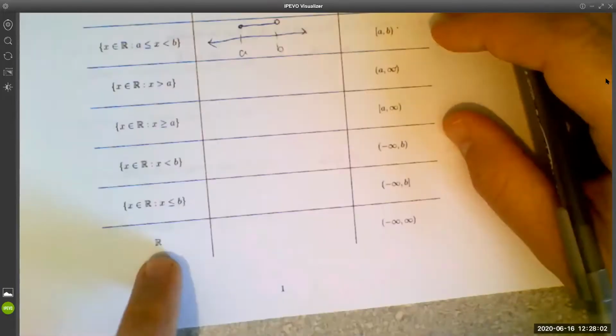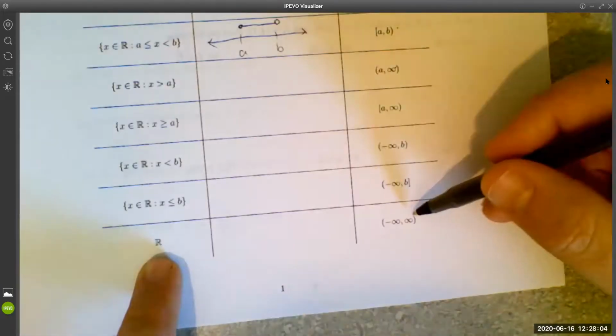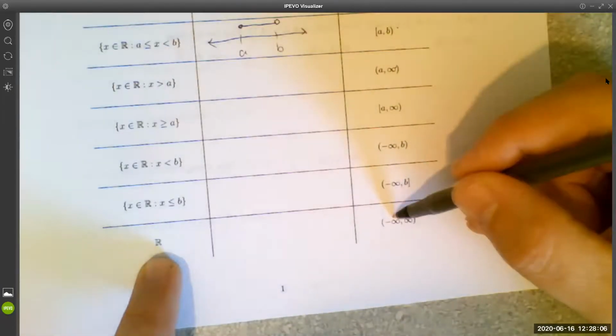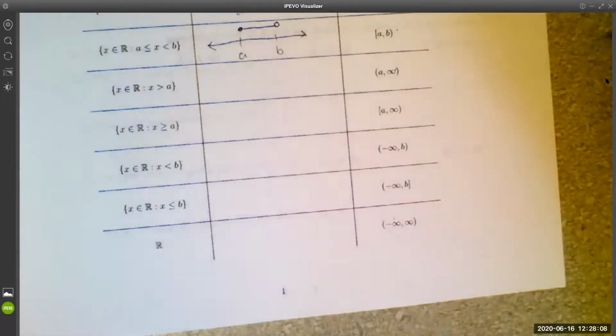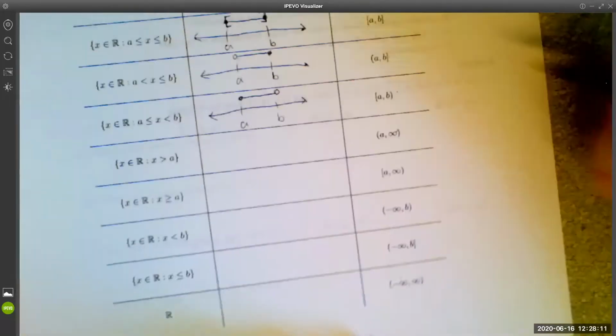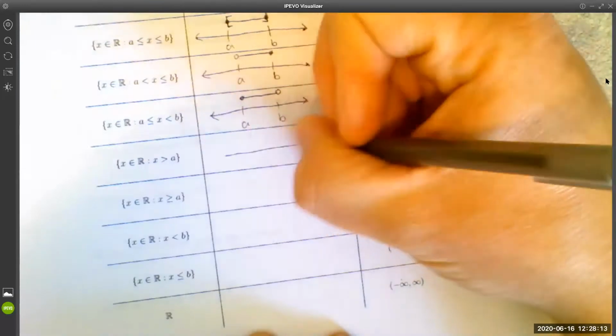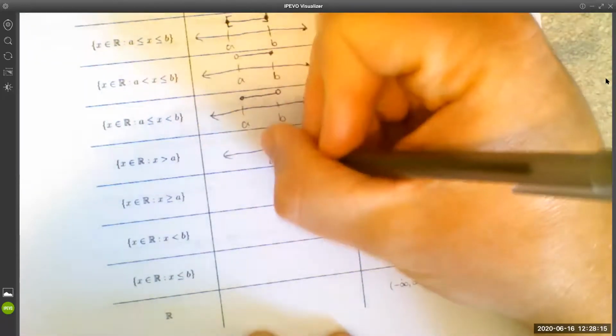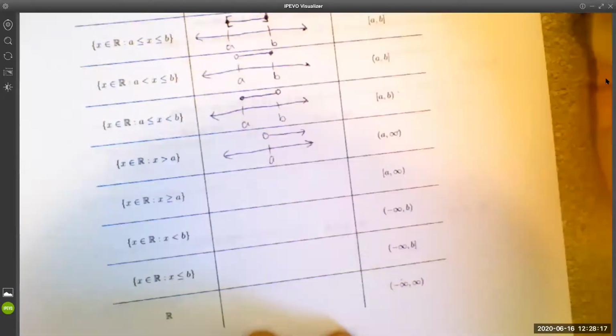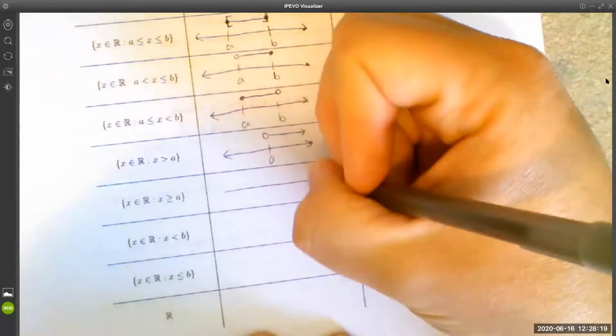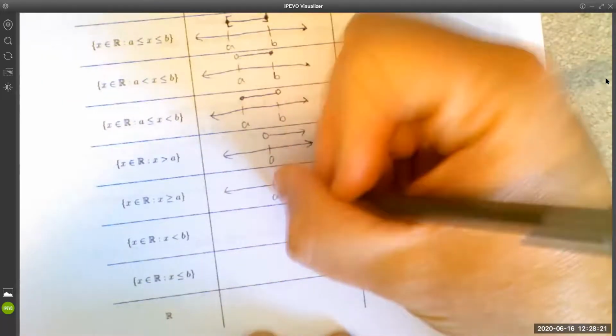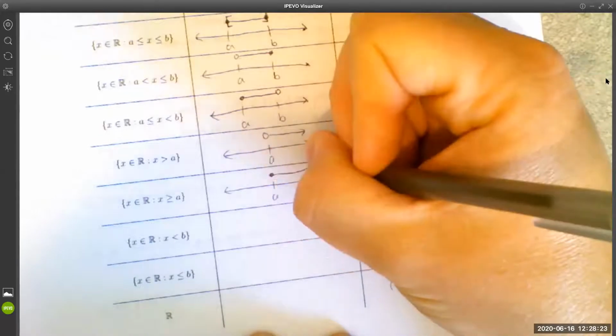And then if we just want to say all real numbers, the way to do that in interval notation is to say negative infinity to positive infinity. So this is how interval notation works. The graphs: that's what x greater than A looks like. This is what x greater than or equal to A looks like.